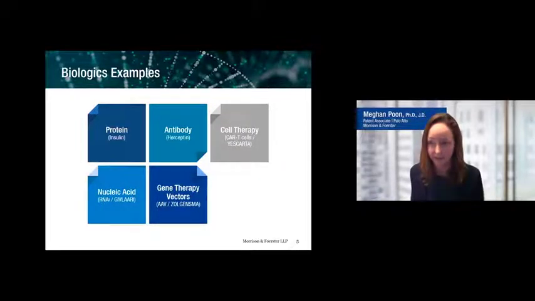Cell therapies have really come to the fore in terms of biologics, and I think several have been approved now, starting as early as 2017. Nucleic acid is a hot area for biologics, including RNAi, as well as gene therapy vectors, which have both been recently approved.